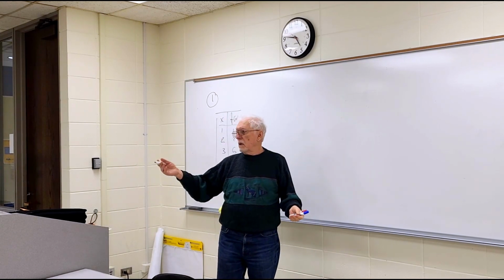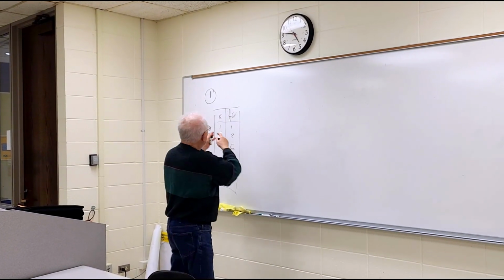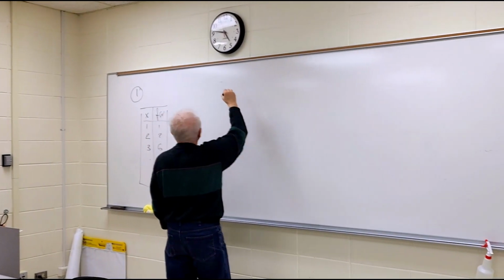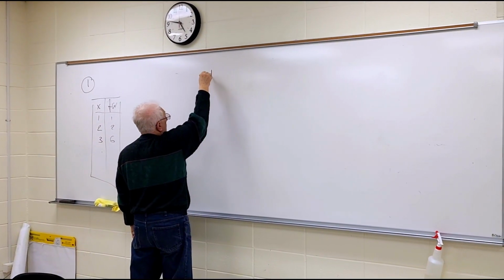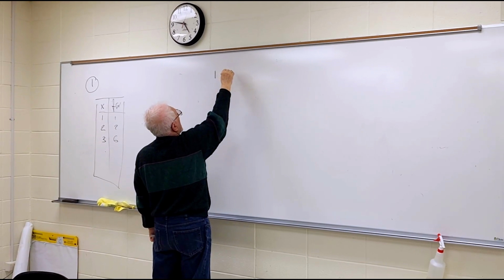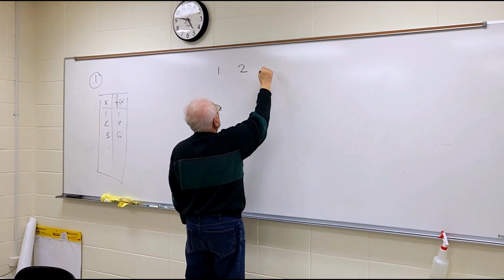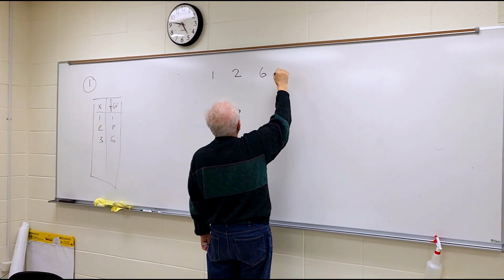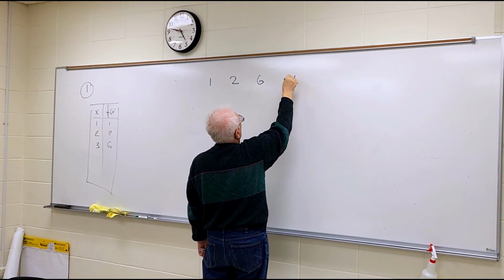So now what we can do, let's take this and put it in the form of the sequence. So I have 1, then I have 2, then I have 6, then I have 24, correct?